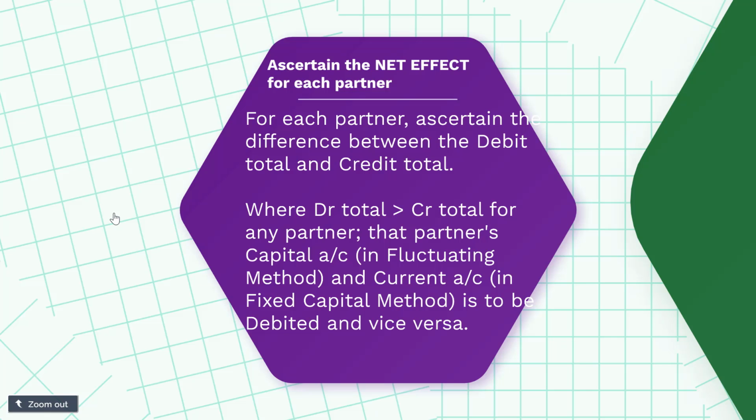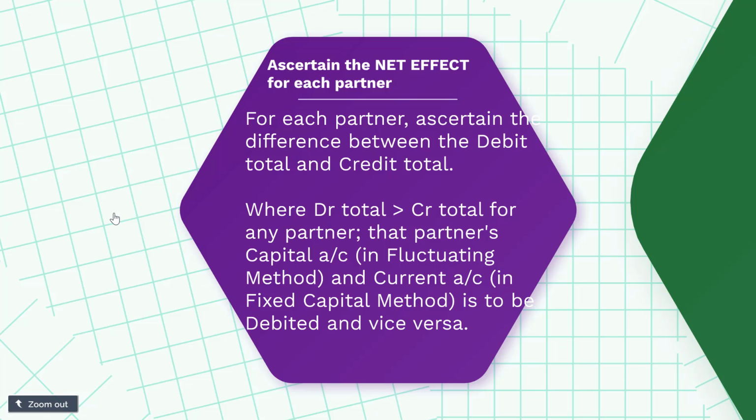So let's say partner A has a debit total of 500 and a credit total of 400.